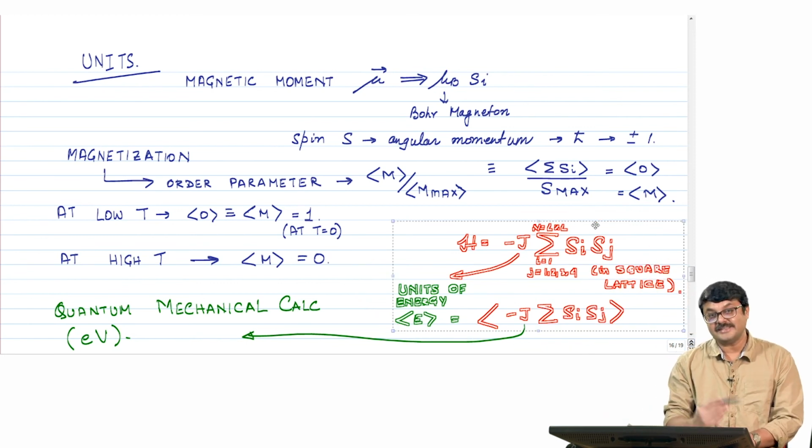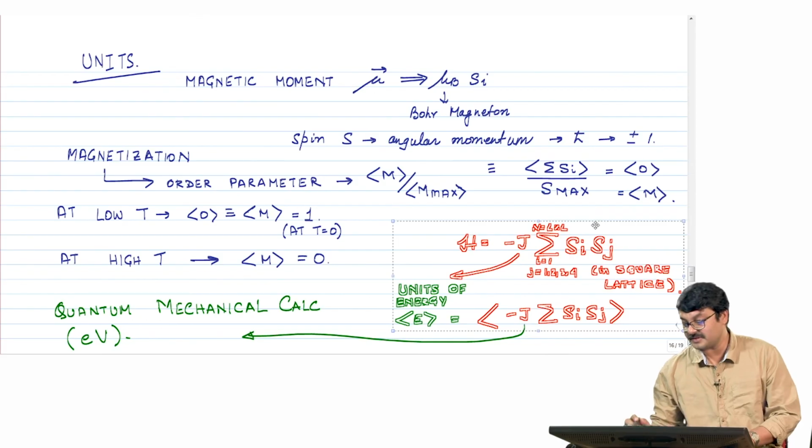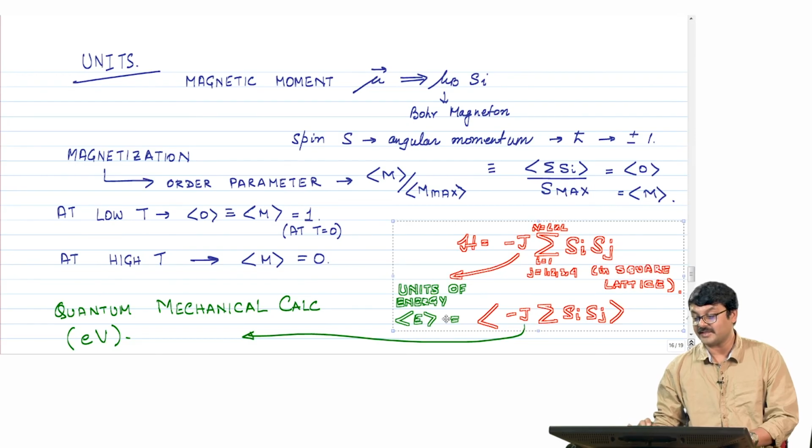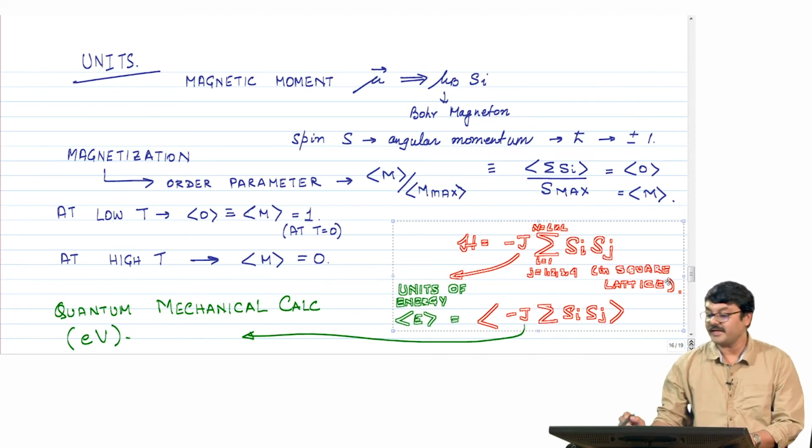The energy comes from the expression for the Hamiltonian, which is basically minus J sum of Si dot Sj, where i goes from 1 to N, N being the number of spins in the lattice L cross L, and the summation over the nearest neighbors, j goes from 1 to 4 in a square lattice.